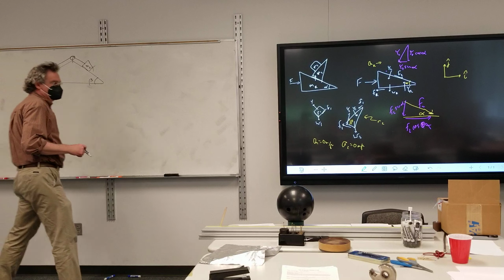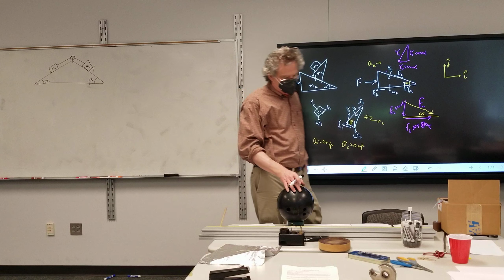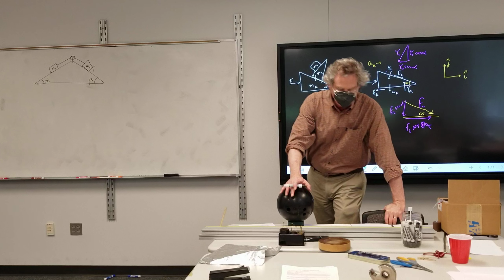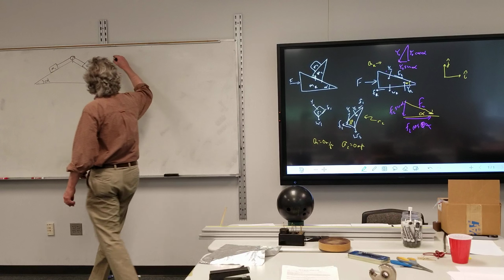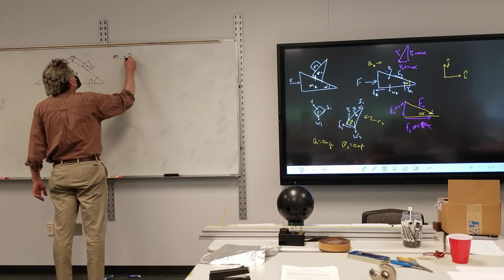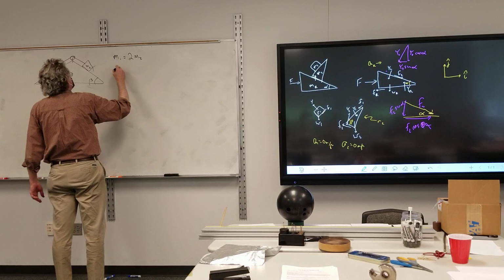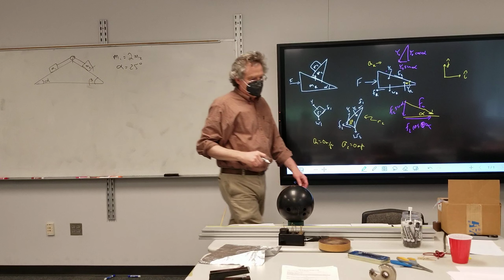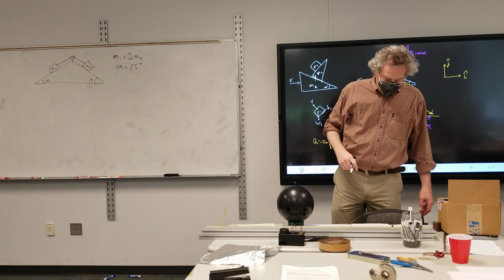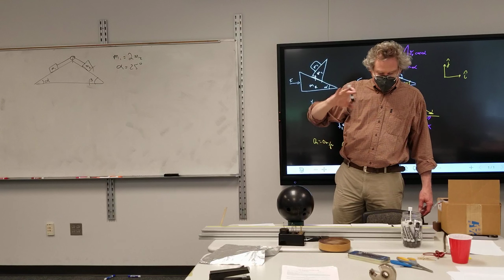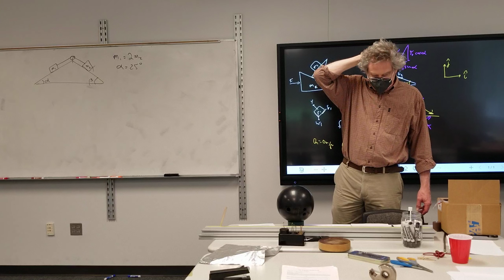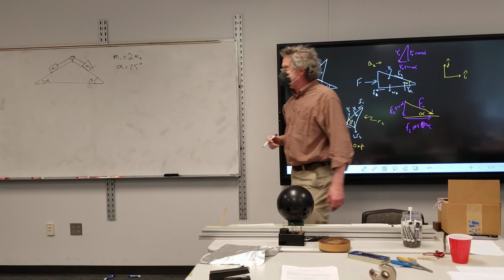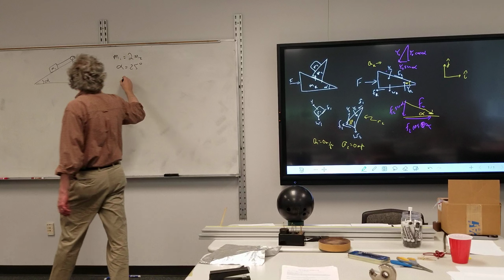I believe I gave you M1, M2, and alpha. Mass 1 is twice mass 2, and alpha is, I think I had 25 degrees. Rope and pulley are ideal, so we don't have to worry about friction from those. Rope is parallel to the ramp and connected at the masses, and it takes place on Earth. So we know what G is.